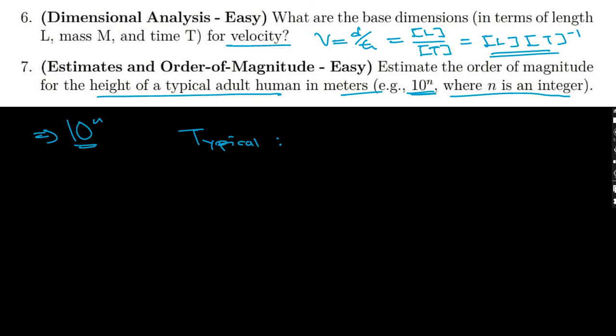That's how we deal with estimation. The typical adult can have a height of 1.7 meters. I don't know if by now we have people who can go beyond. We can have maybe 2 meters, but 1.7 is the typical one.